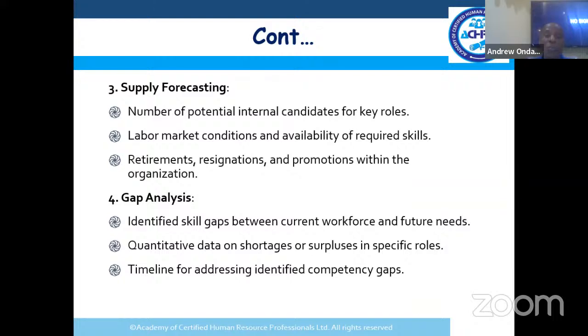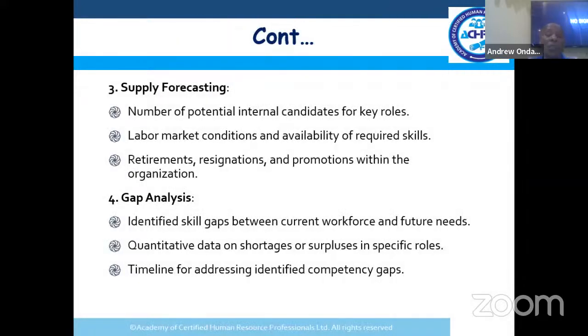So those are the two ways in which you can address these gaps. The two gaps I've said are shortages, where you recruit new ones, and surpluses, where you declare them redundant and possibly retrench them. Retrenchment is painful, but sometimes you may have to go that way because you have a business to run, and therefore you can only wish people well in their future endeavors.